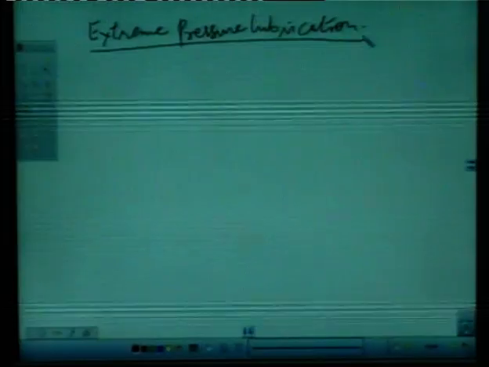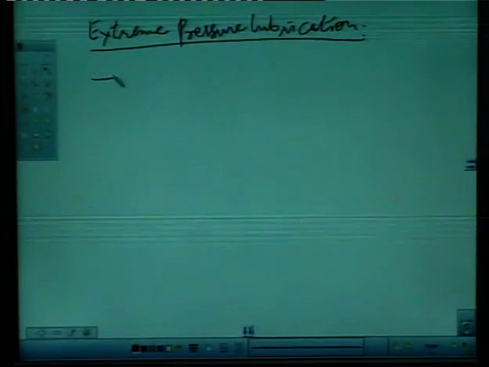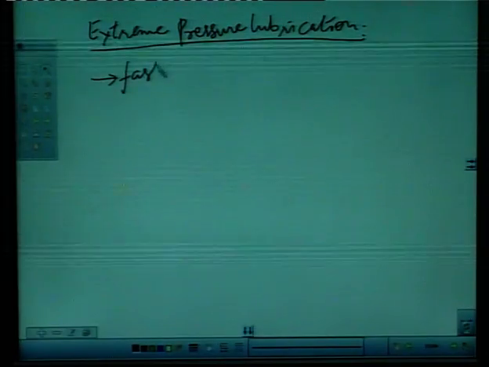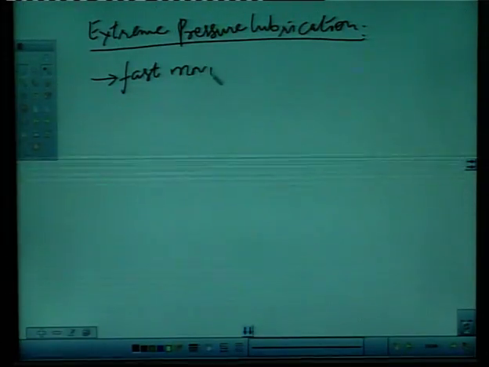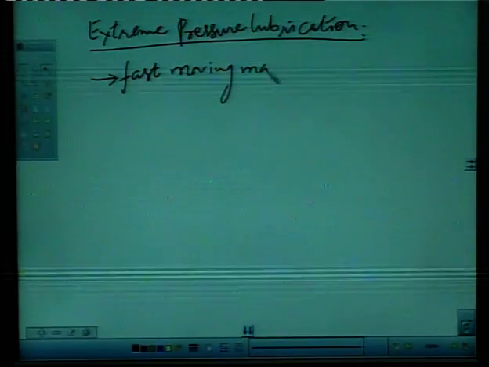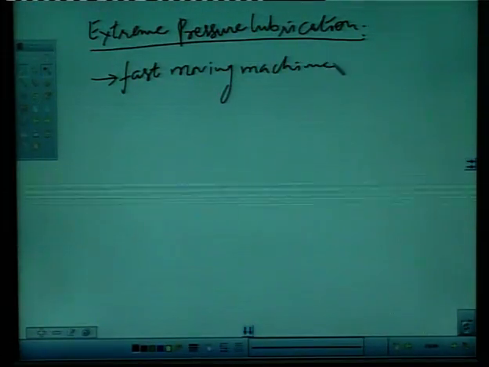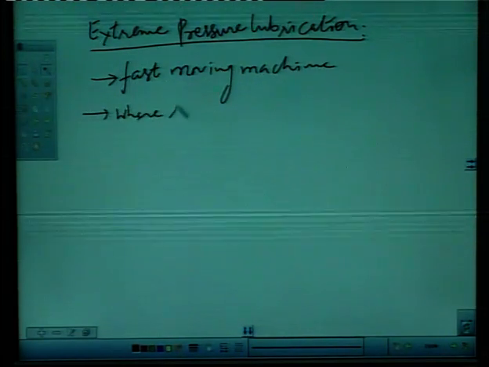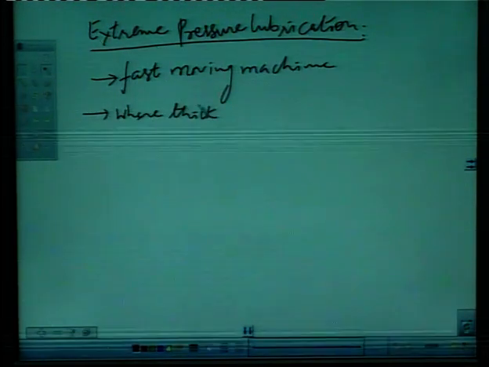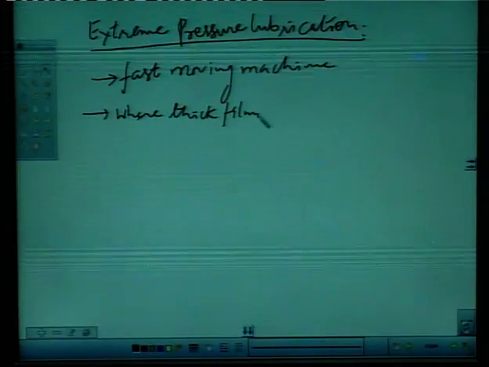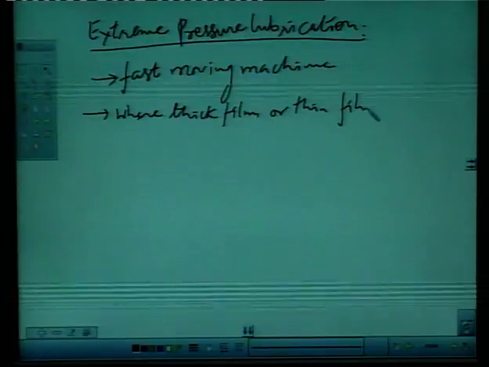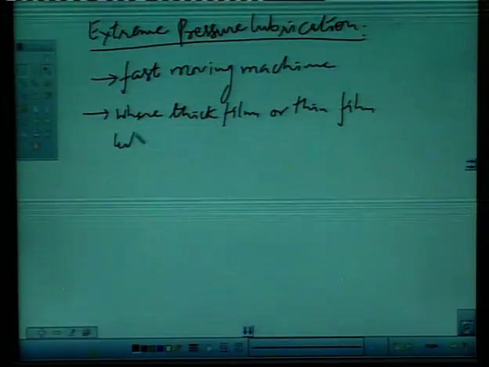So this type of lubrication is done for fast moving machines, where thick film or thin film lubrication is not possible.